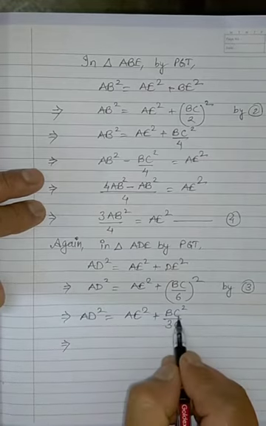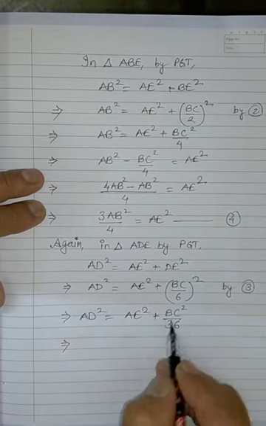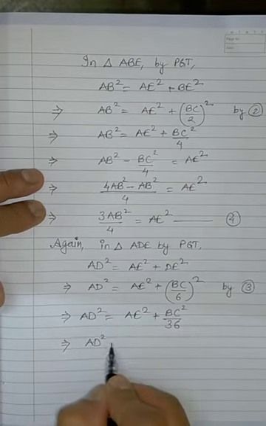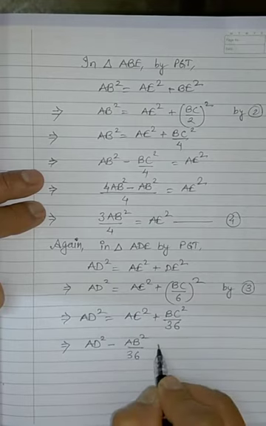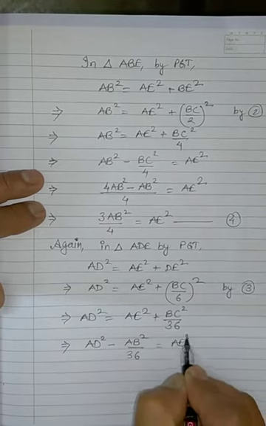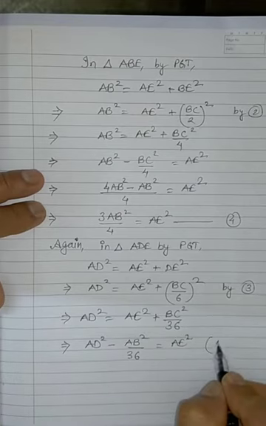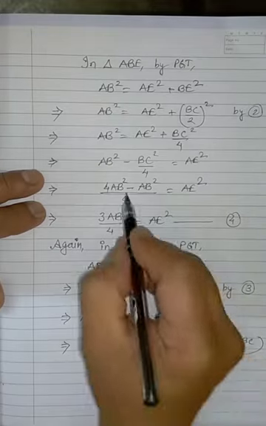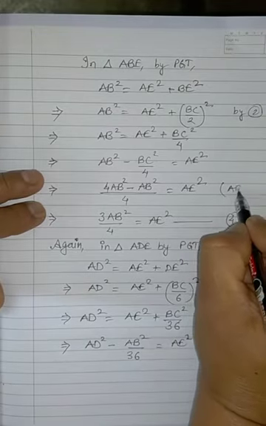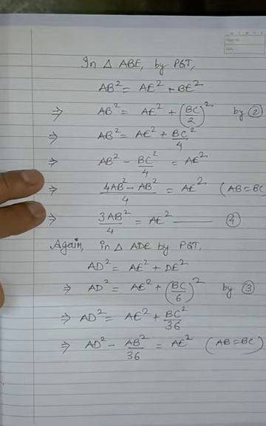So once again I am going to replace BC by AB. So AD square minus AB square upon 36 is equal to AE square, since AB is equal to BC.